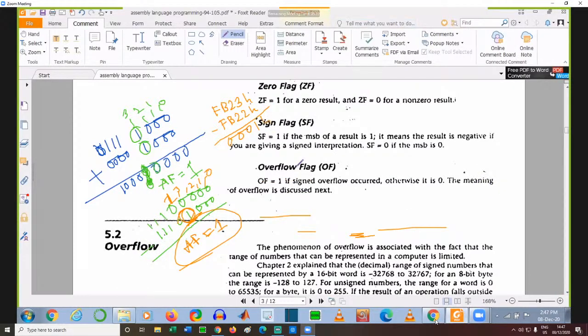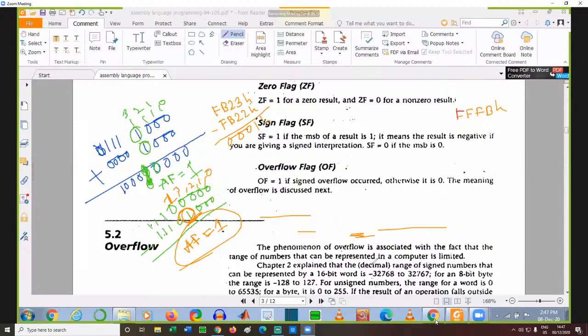Suppose I give you FFFB hex as my result. What will be the sign flag?